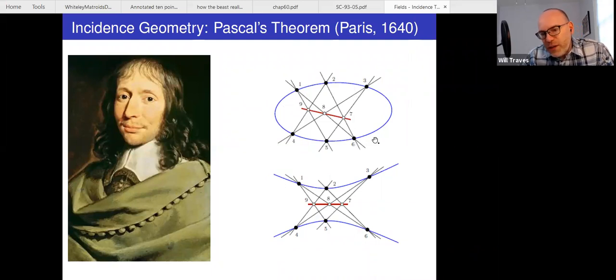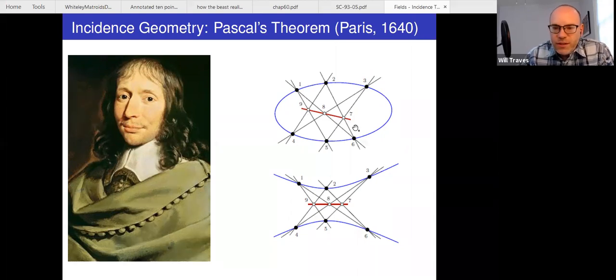Before we looked at Pappus's theorem, that was a degenerate conic, 2 lines, right? But now we're taking 6 points on a regular conic. We're still doing the same kind of 3 lines covering all 6 points, meeting another 3 lines covering all 6 points. And that produces another 3 new points, and those 3 new points have to be collinear.